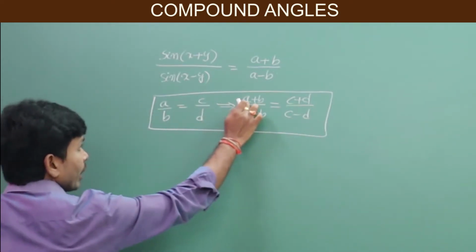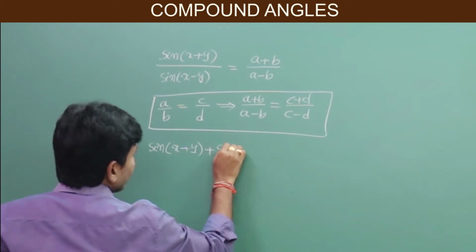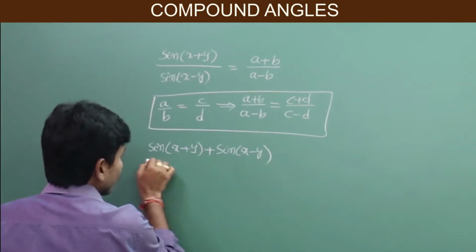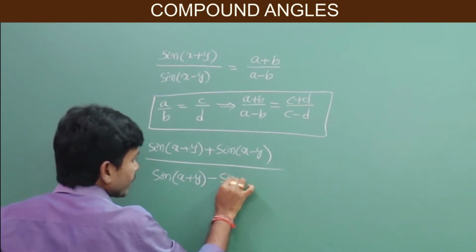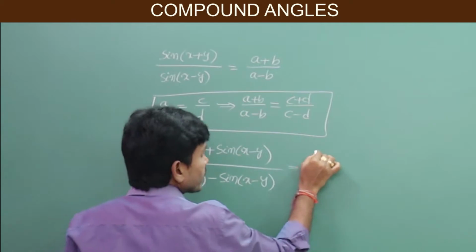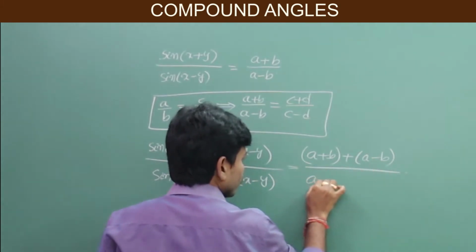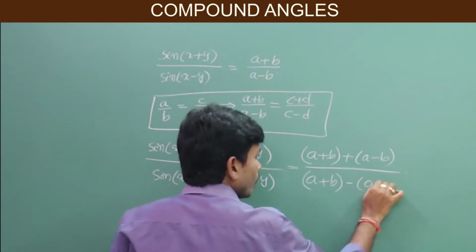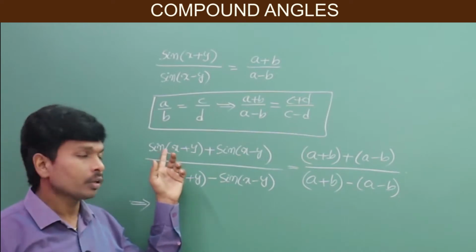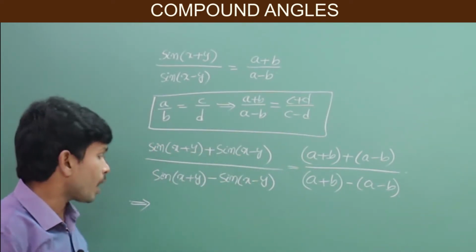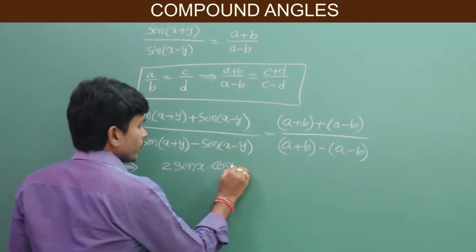The numerator plus denominator means sin(x+y) + sin(x−y), by numerator minus denominator, equals (a+b) plus (a−b) by (a+b) minus (a−b). Now observe, it is the sin(A+B) + sin(A−B) formula. So what did you get? 2 sin A cos B.